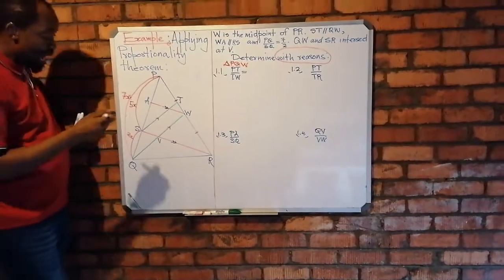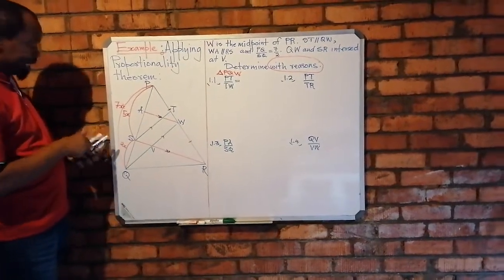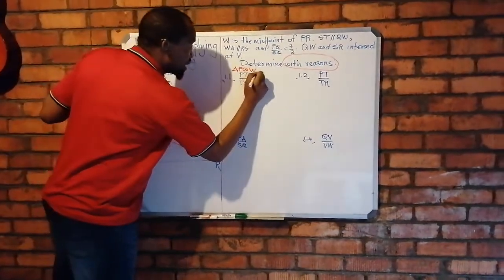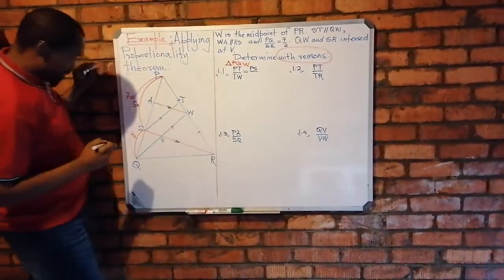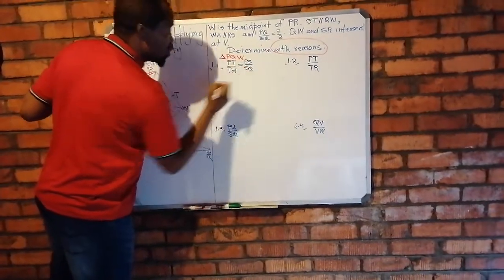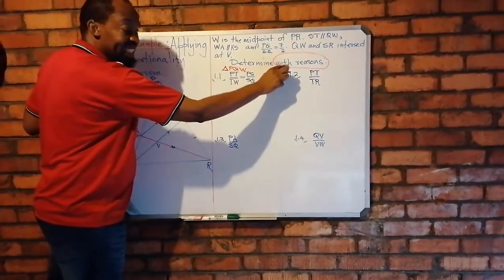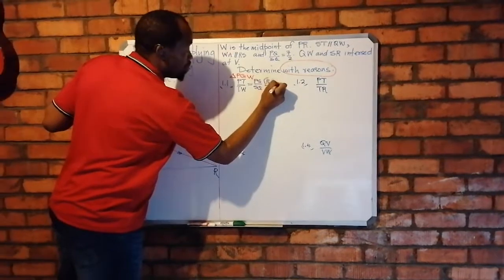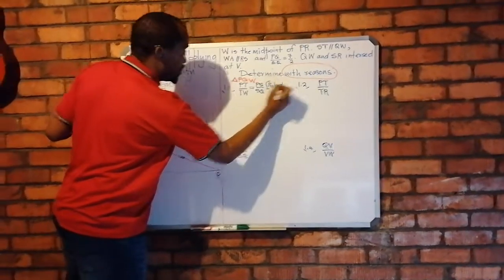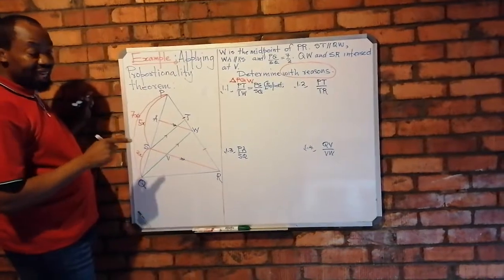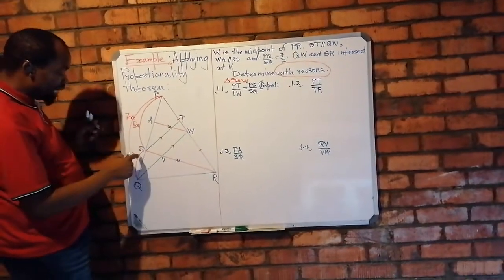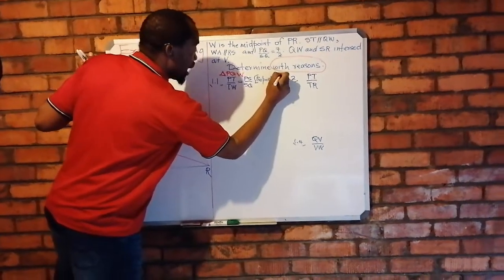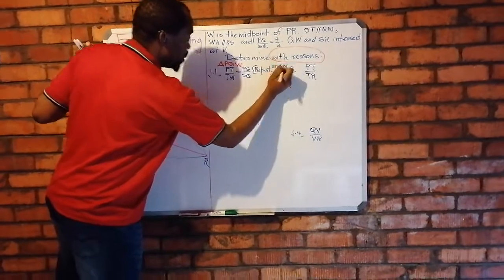Now, I would therefore say in this one, PT divided by TW is PS divided by SQ, with reasons. That would be proportionality theorem. And please state the parallel lines. Proportionality theorem where ST is parallel to QW.